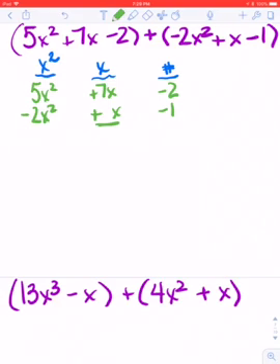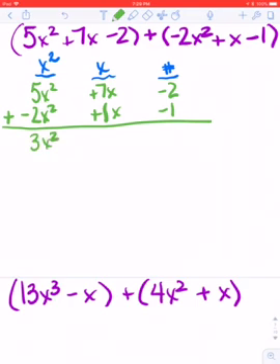Now where this plus x is at, remember I do have to think about the fact there's a 1 there. And then I'm going to draw my line to total them. So 5x squared plus negative 2x squared is 3x squared. Positive 7 and positive 1 is positive 8. And negative 2 and negative 1 is negative 3.